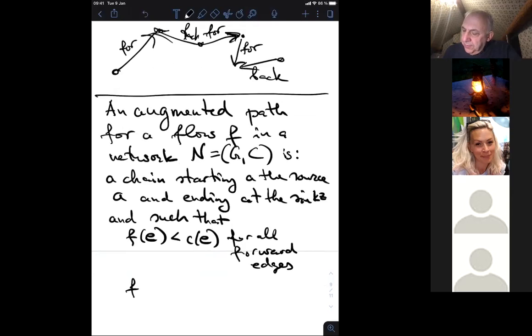And f of E should be positive for all backward edges.